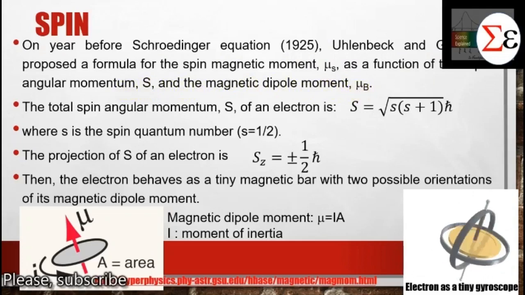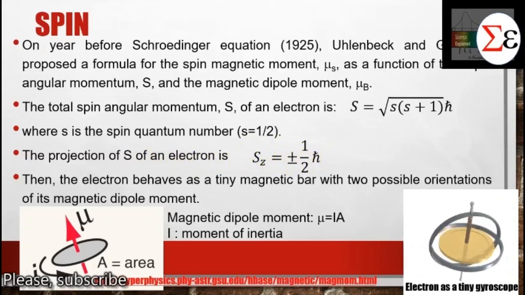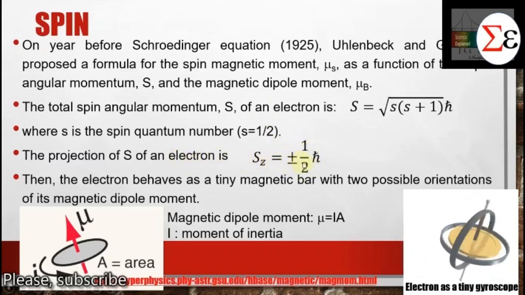The total spin angular momentum S of an electron is given by this equation, where s is the spin quantum number, which is 1/2. The projection of the S of an electron is given by this equation. It has 2 projections, which are the 2 deviations of the silver gas beam, and this represents the 2 projections of the spin.